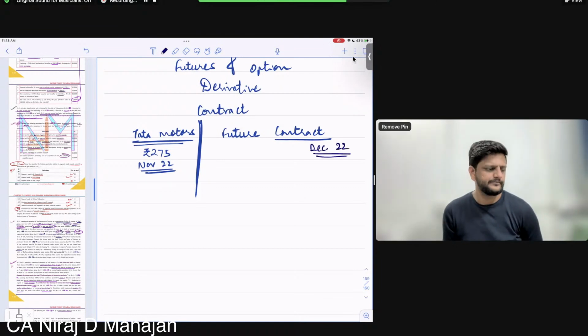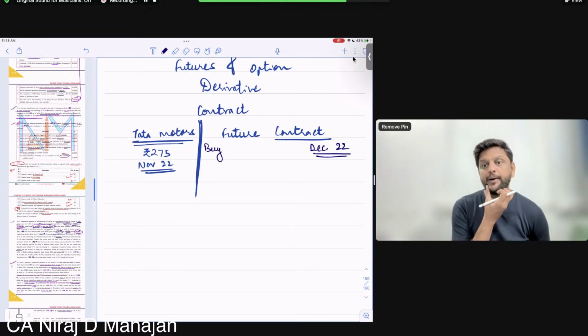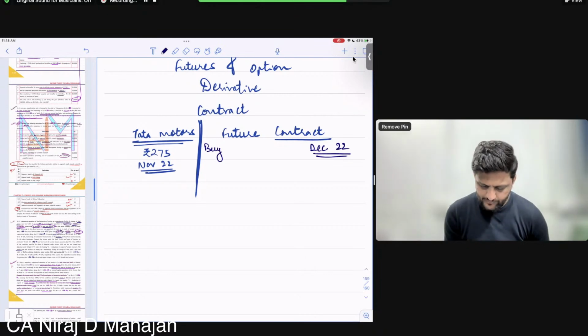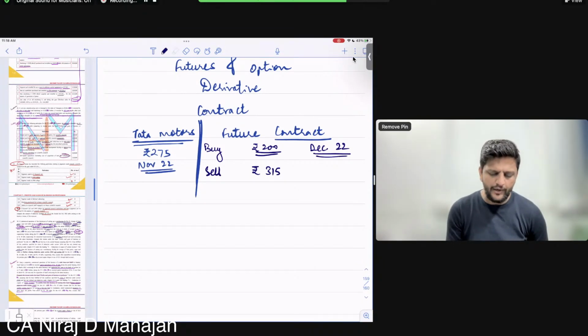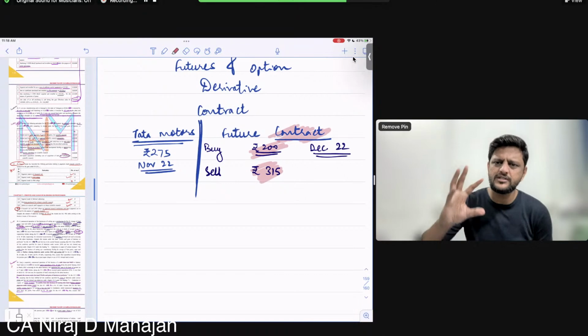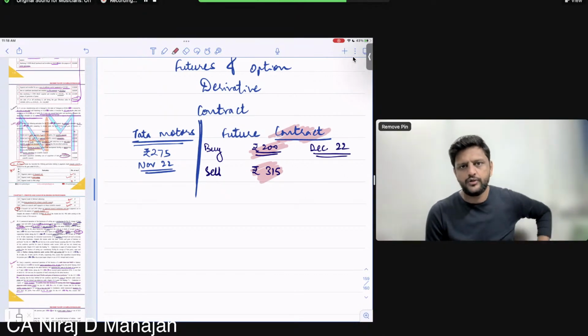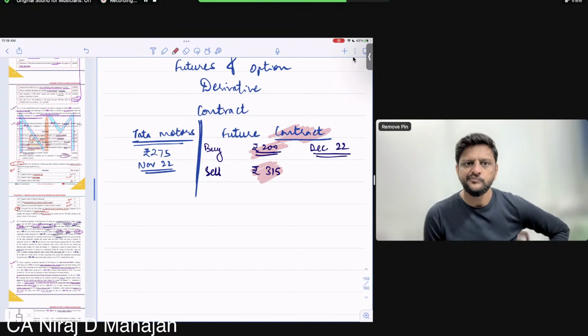Agree till here, everybody? That I will buy at rupees 200. That can be one transaction. Or I will sell at, let us say, rupees 315. So these contracts are going on in the market, meaning these contracts are traded. The contracts can be bought or sold. Are you getting my point, everybody?